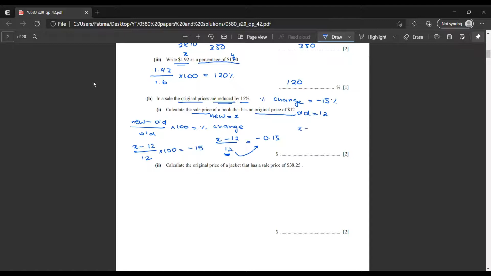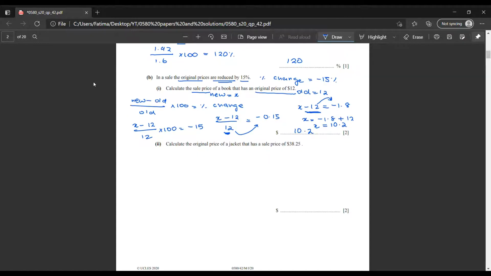You get x minus 12 is equal to negative 1.8, and now negative 12 will be moving to this side to become positive, wherein subtraction changes to addition. So x is equal to negative 1.8 plus 12, and that means our answer of x is going to be 10.2.